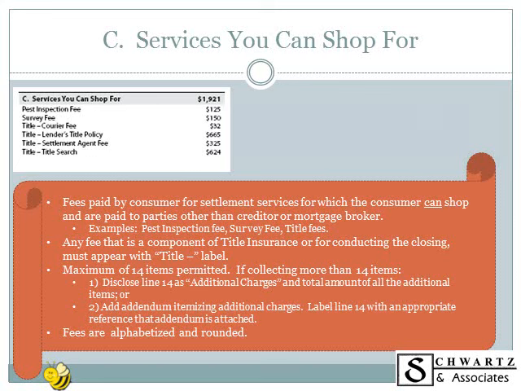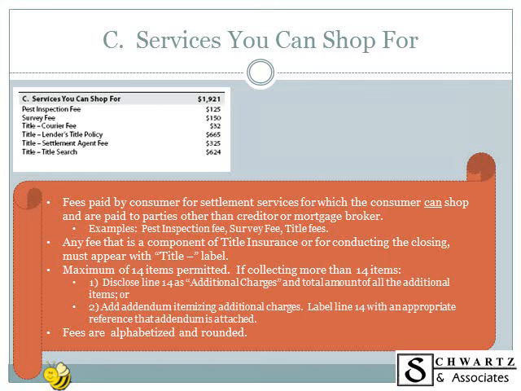The first option is to disclose line 14 as additional charges and total amount of all the additional items, just like we saw in the previous sections. The second option allows for the addition of an addendum itemizing additional charges for the services you can shop for section. If using this option, line 14 should be labeled with an appropriate reference, then an addendum is attached.